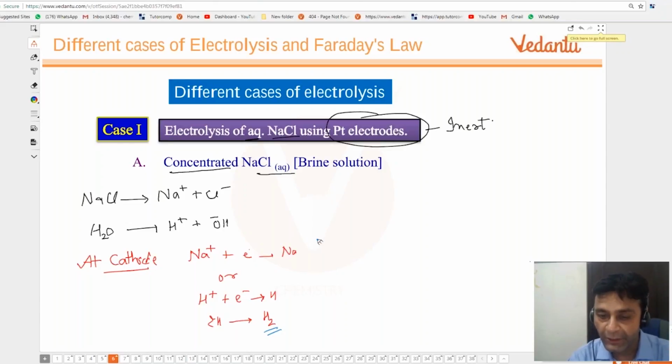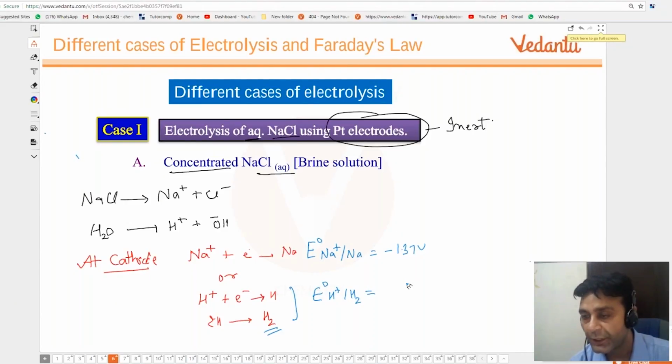Okay, I tell you now. What happens here? If you see the reduction potential of sodium, that is equal to minus 1.37 volt. And can you tell me what is the reduction potential of hydrogen? Yes, 0.00 volt.